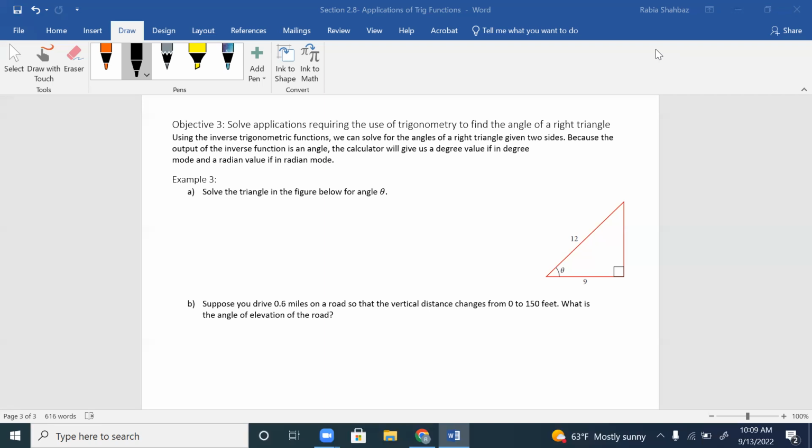So today we're going to talk about how we can actually find the angles sometimes. Just like before, we knew we had to know an angle and a side. Here we have to know at least two of the sides in order to figure out an angle. We're again going to use the same sine, cosine, and tangent ratios here.